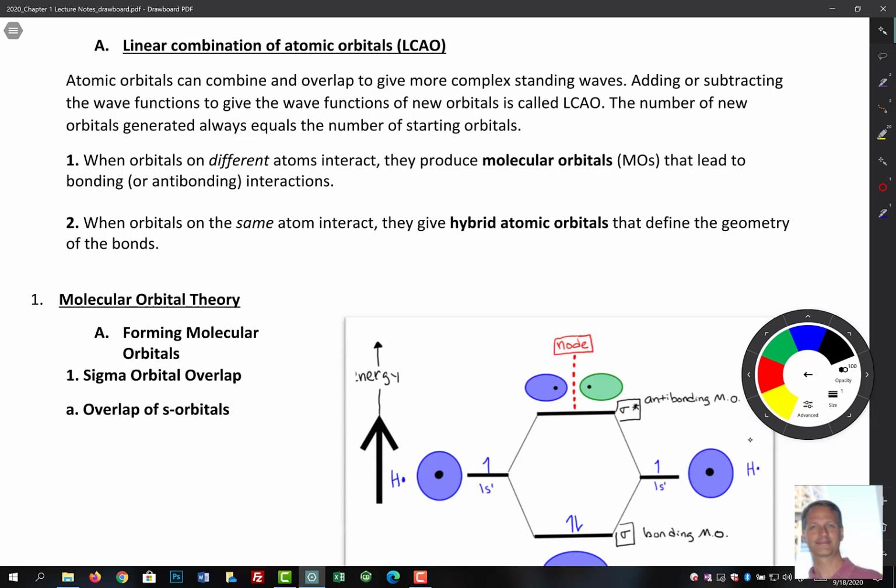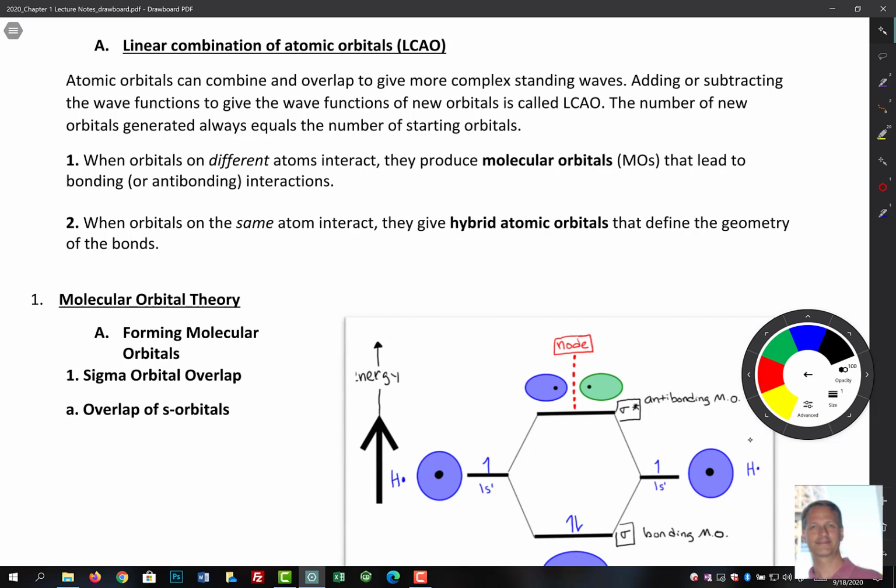Adding or subtracting the wave functions to give new wave functions of new orbitals is called LCAO. One thing to point out is that when we add these together, the number of new orbitals generated always equals the number of starting orbitals. In other words, if you add an s and an s, that's 2 starting orbitals, you're going to end up with 2 in the end. So you have to conserve the number of orbitals in your addition.